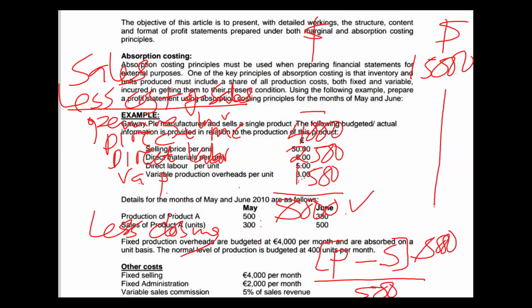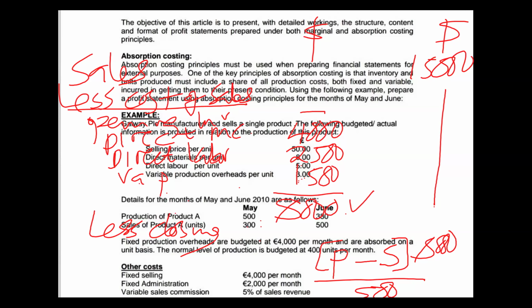Yes. To determine the closing inventory, it's the units that were produced. You produced 5,000 units in May, and then you sold 3,000. So the units produced were 5,000, you sold 3,000.